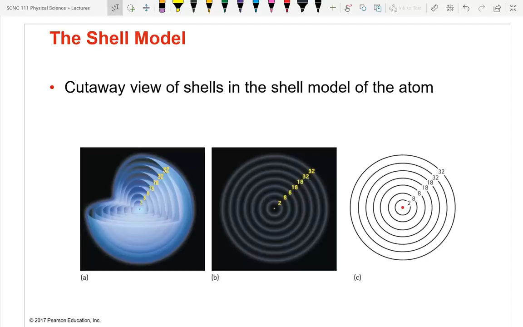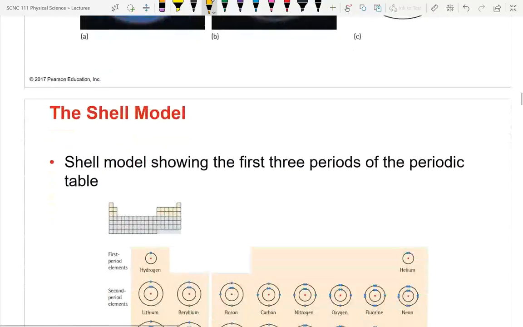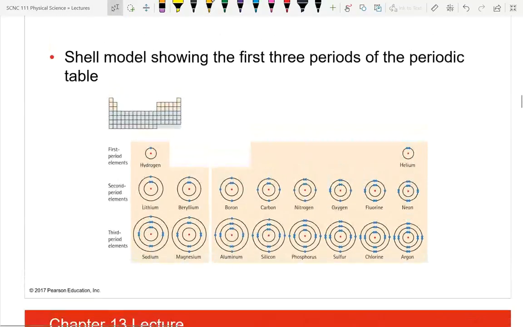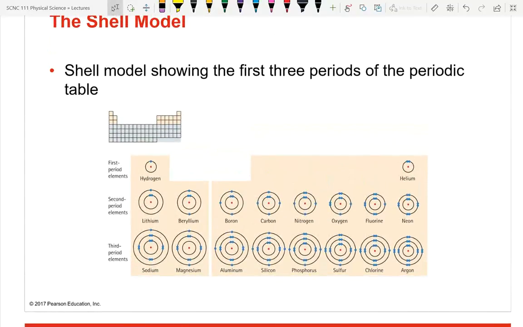So when we talk about the shell model for an atom, we're talking about there being different energy shells corresponding with the different periods that the electrons go into. Now we're going to shift to talking about, oh, yeah, I thought that was the last one.